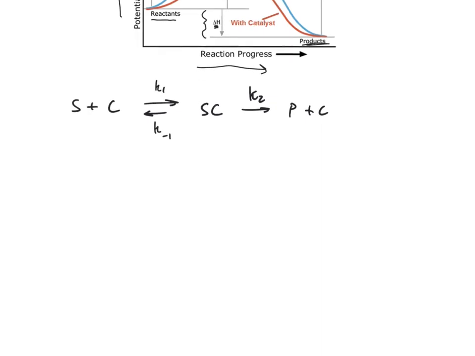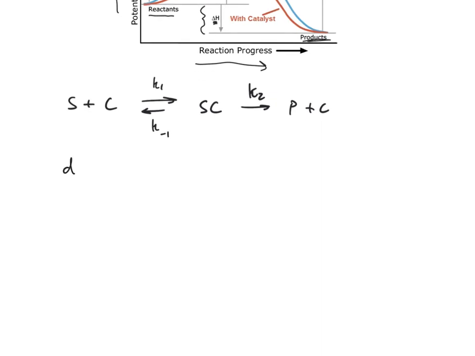So this looks very similar to what we saw on the last slide with the pre-equilibrium approximation. So let's write down our expression for the rate and begin working towards a rate law. So the rate of our reaction, change of concentration of the products with time, is going to be k2 times that concentration of the encounter complex. So now in order to find that quantity, we're going to get the rate of formation of the encounter complex.